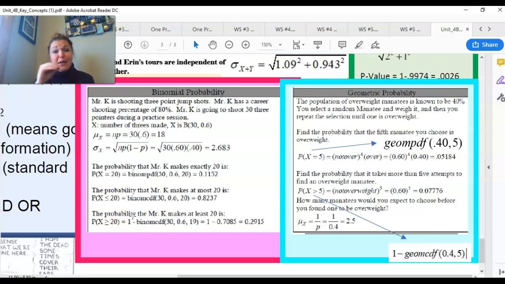PDF is always when it's an exact. So the probability that X is equal to 20, I do want to see that probability statement, is equal to binom PDF 30, that's my n, p, that's my probability, and k, that's my 20. So binom PDF, n, p, and k.